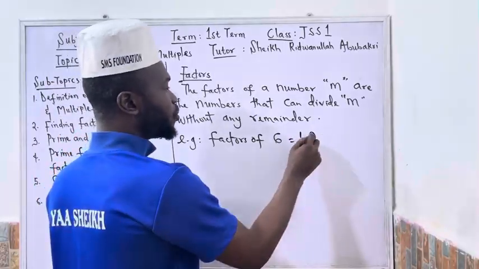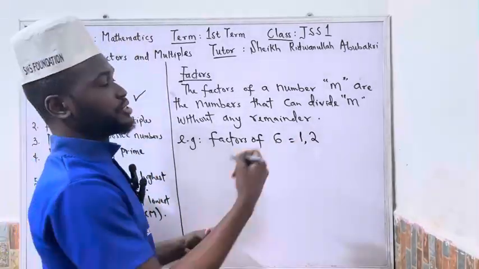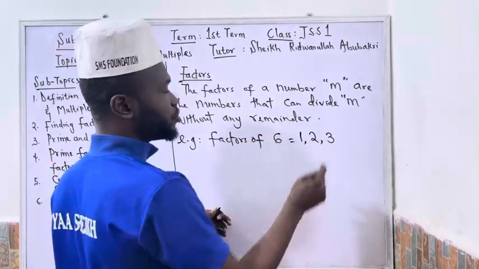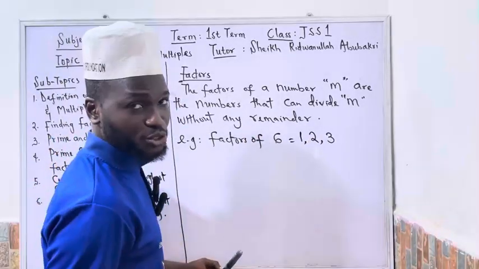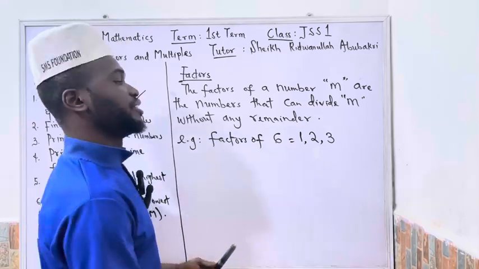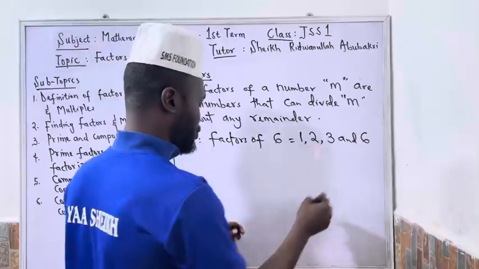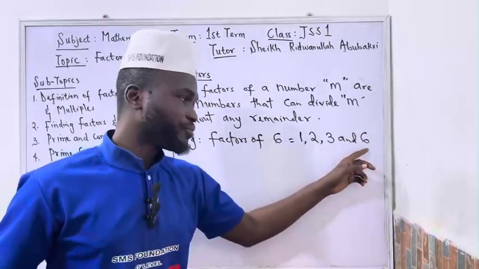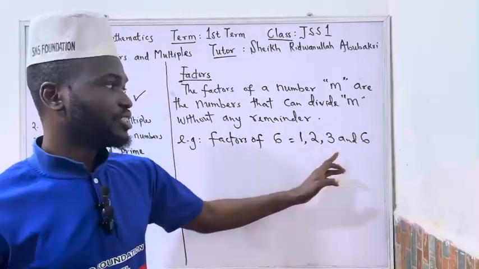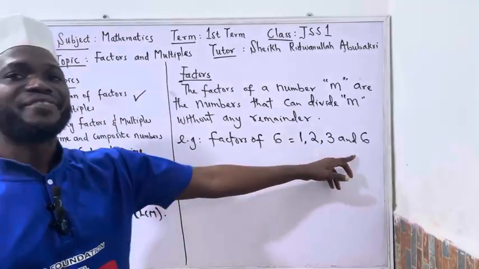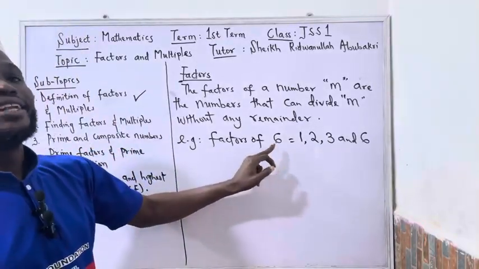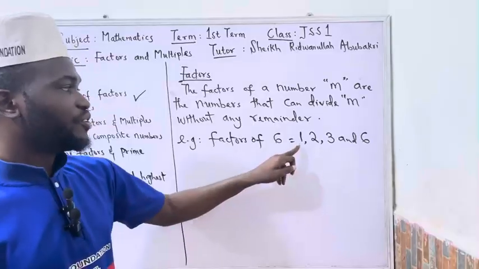Then 2 can also do the job. Similarly, 3 can also do the job. So 4 cannot do that. 5 cannot work. Then 6 is the next number. And that is all. Once you get to that number itself, there is no other thing. So these are the numbers that can perfectly divide 6 without leaving any remainder.